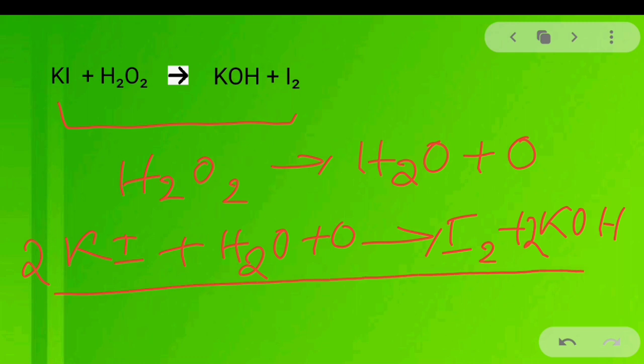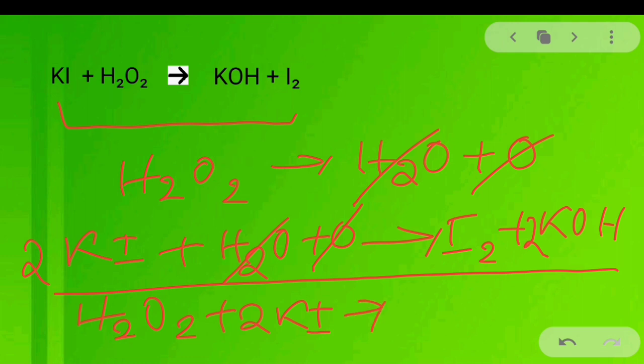So now we'll get 2 half equations, and just to cancel the oxygen atom, we need to add these 2 equations. So the oxygen atom present in left hand side is equal to the oxygen atom present in the right hand side. So if I take this oxygen atom to the left hand side, it means it is minus. So it's cancelled. Now you will get the equation H2O2 plus 2KI.